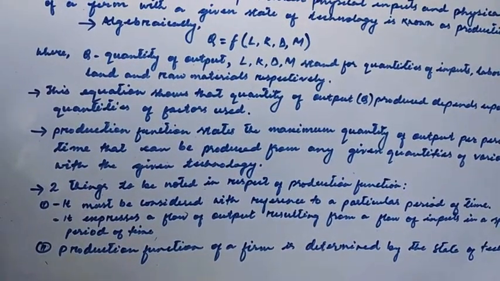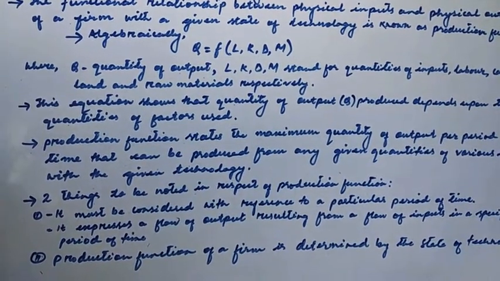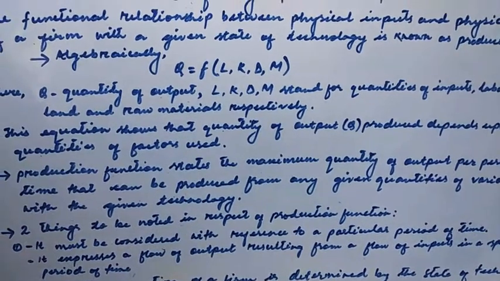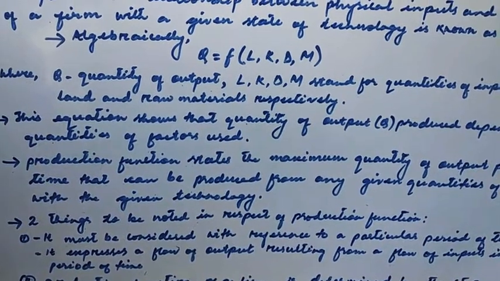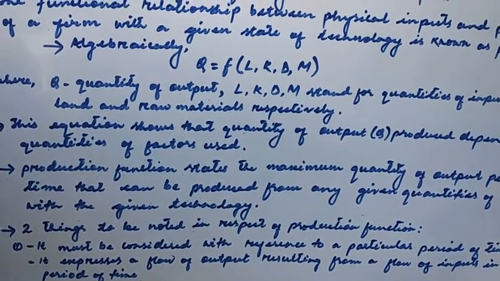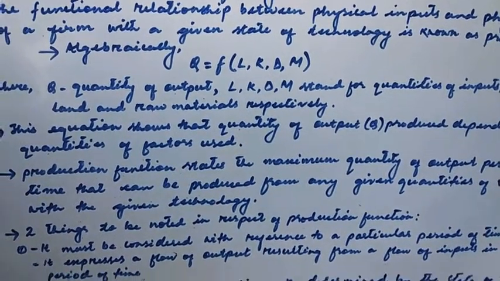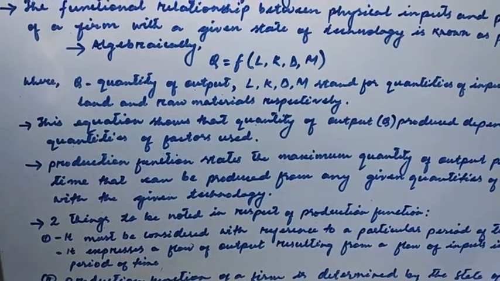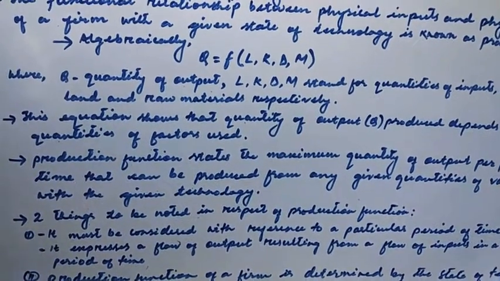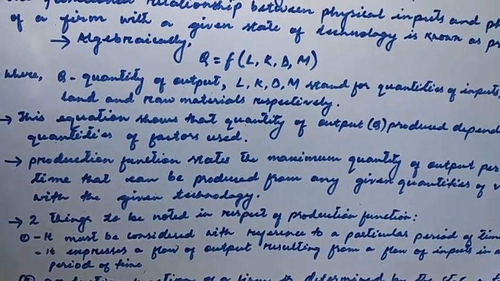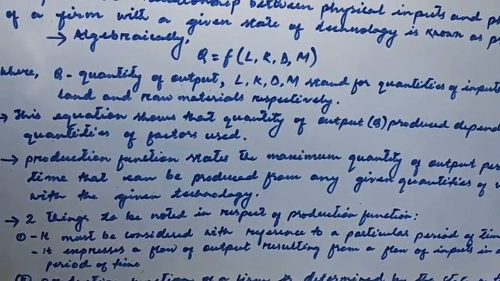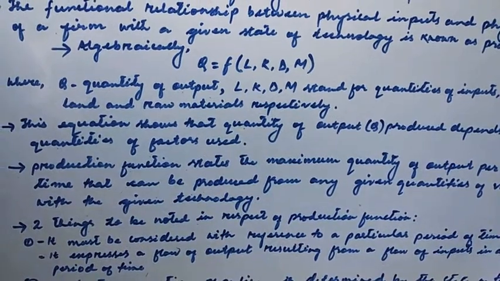And it is important to note that the production function describes a purely technical relationship. So it is a purely technical relationship between the physical inputs and also the output. So it has no reference to monetary cost of production. It is just the technical relationship.